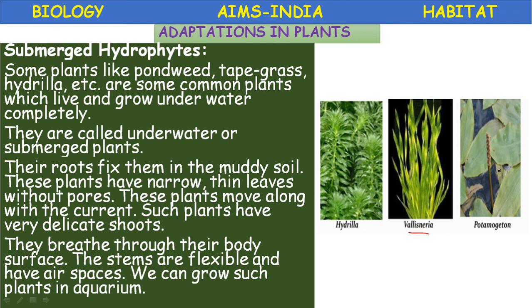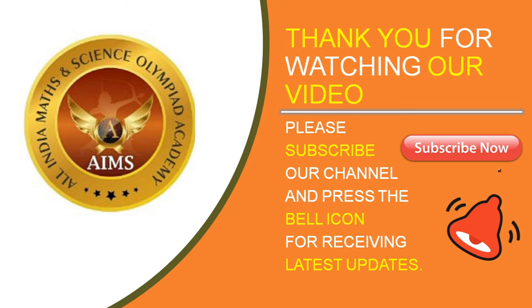Okay, children, this is about the aquatic plants. So here, underwater plants take out the carbon dioxide given out by the aquatic animals, and they also give oxygen to the aquatic animals.